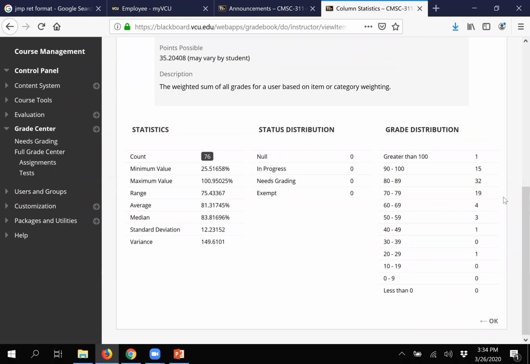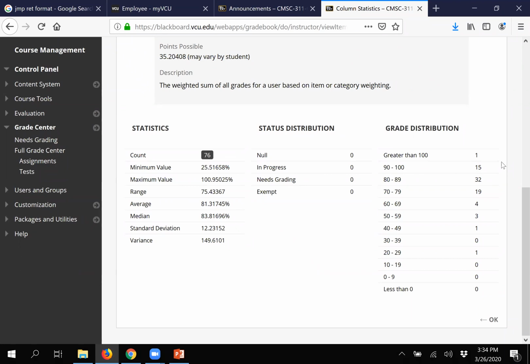Here, 16 students got A, 32 students got B within 80 to 89, and 19 students got C. 4 students got D, and 5 students got F. The distribution is very excellent, but for some students the performance is not good.